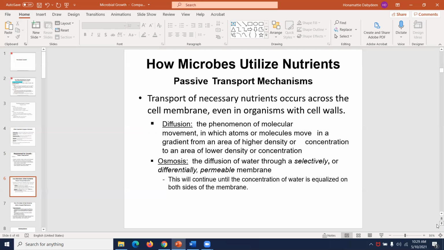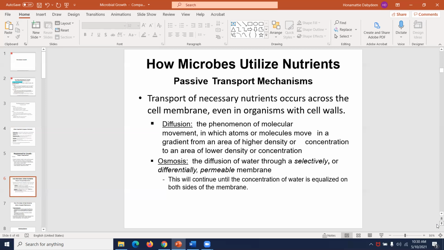So we want to know now, how are these things crossing the cell membrane to get into the cell so they can be used? A lot of this is probably going to be a little review for you, but the basic question in mind is, how do nutrients cross the cell membrane to get into the cell? Well, one of the ways, diffusion.